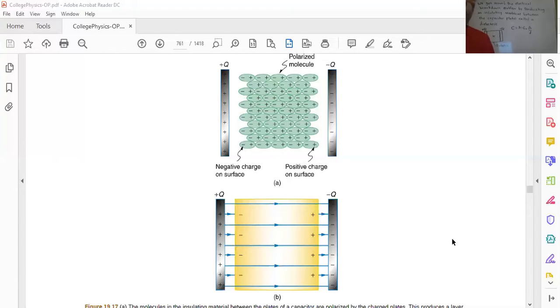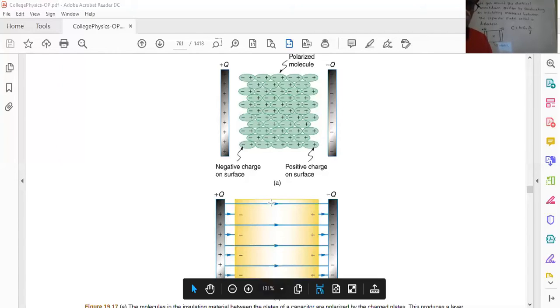First of all, you're increasing the amount of charge on the plates, because extra charge is getting on each of the plates from these polar molecules. And given that electric field depends on distance, a lot of the electric field lines are going to stop short. If you look at the picture on the bottom, only very few field lines actually go across.